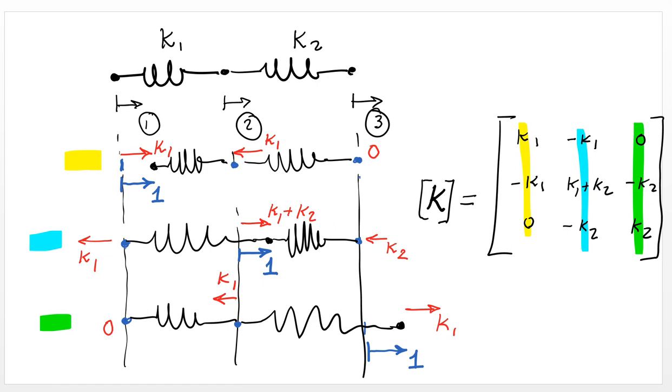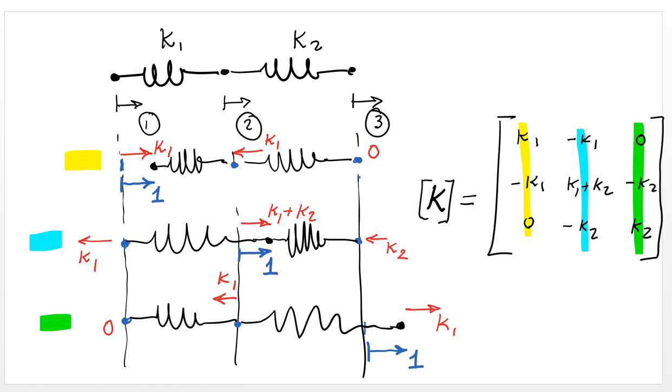So then that gives us here in yellow the first column. Then you do the same analysis with the second column, second degree of freedom. And so now this one gets just a tiny bit more involved. If you are going to induce a unit displacement at degree of freedom 2, you have to move both springs, K1 and K2, because they're connected at that point.